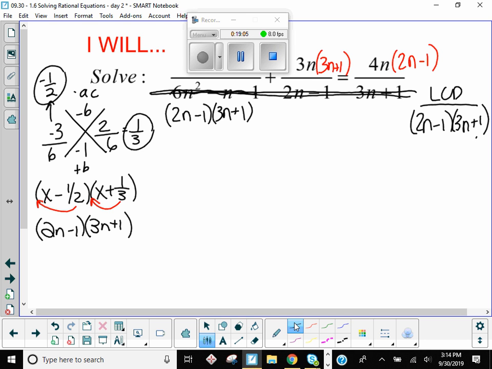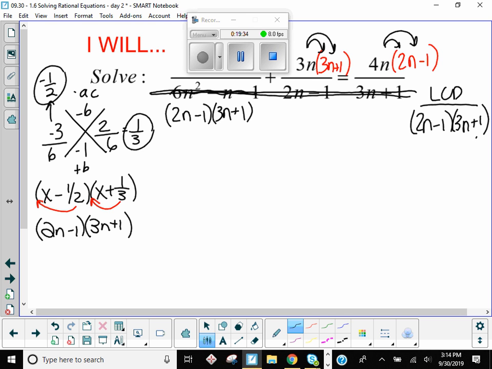And then on the next step, this 3n times the red, 3n plus 1, is going to be distributed. Same thing here with that 4n. Please understand, that thing you're distributing has an n attached to it, so it comes along as part of your multiplication. We don't usually have a variable there, so it's easy to forget about, but don't.